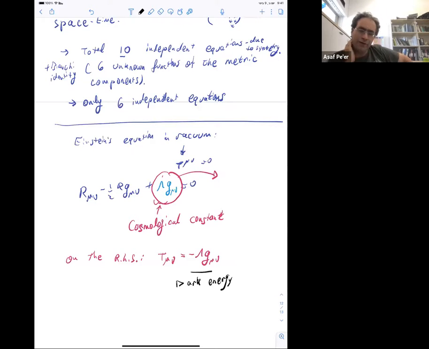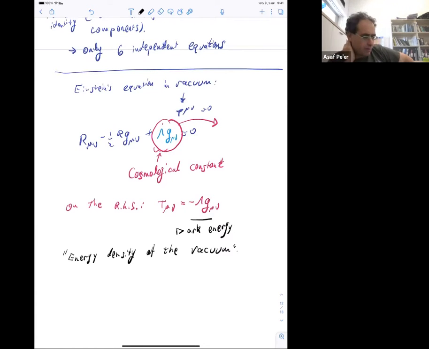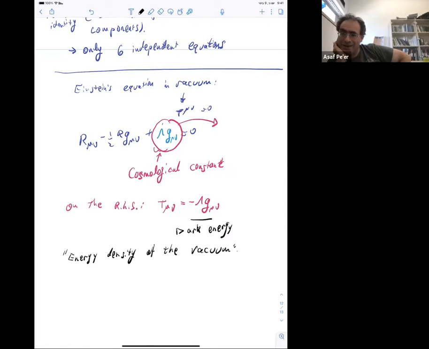Now, the other way of thinking of it is that this is the energy density of the vacuum. So it's like a quantum effect? Oh, now we're getting there. Now here is the fun thing. Quantum field theory actually predicts that the vacuum should have energy of itself.